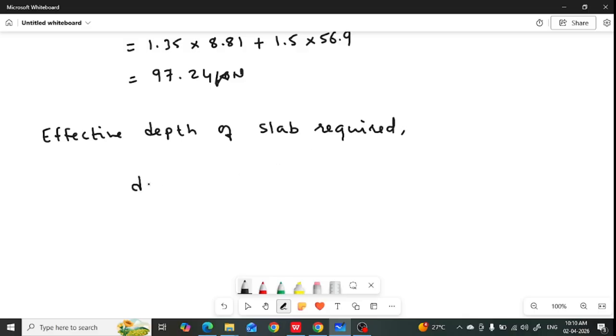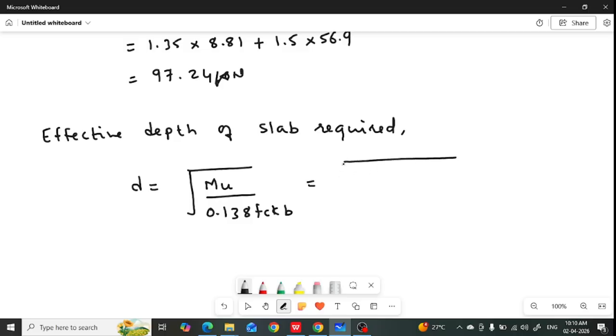So d equal to under root Mu divided by 0.138 fck b. You are required to take the maximum moment. You have the shorter span ultimate moment and the longer span ultimate moment, so from those two values you have to take the maximum value here. Again, it depends on the grade of concrete that you are providing.